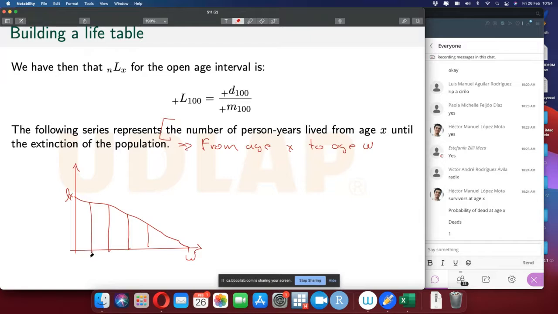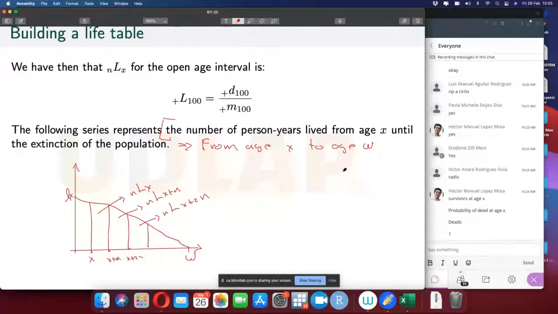And what I have here is x plus n, x plus 2n. So this is person years between ages x and x plus n. Then here I have person years between age x plus n and x plus 2n, and so on.